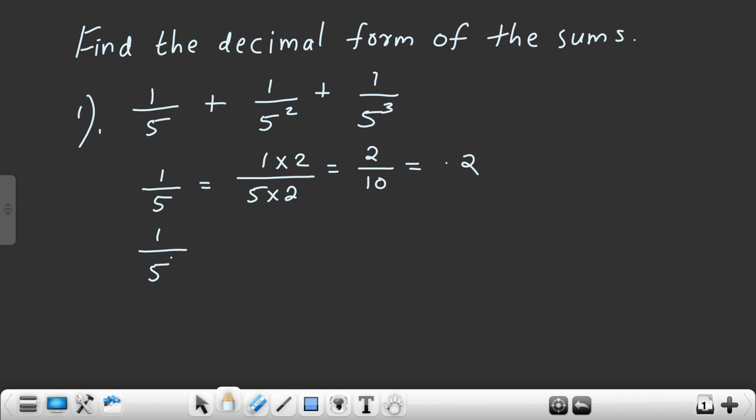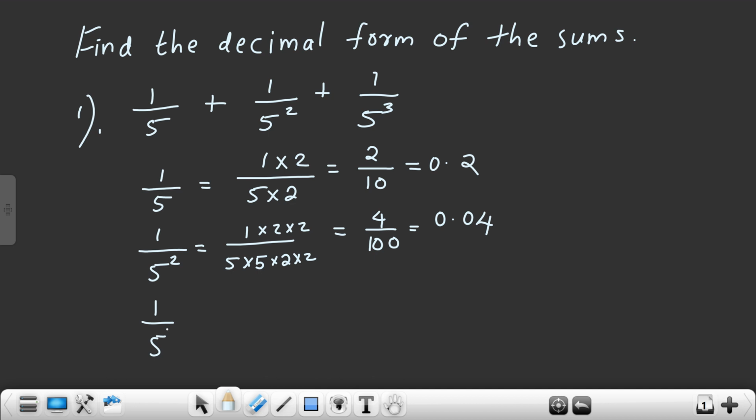Next 1 by 5 square. 1 by 5 square means what? 1 by 5 into 5. To convert into power of 10, here 2 5s are here, so multiply by 2 2s, 2 into 2, that is 4 by 100. Corresponding decimal form is 0.04.